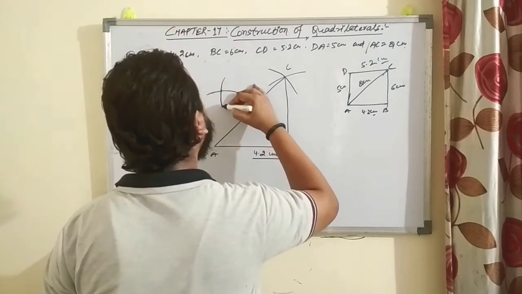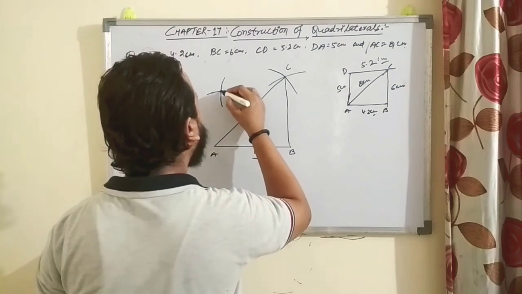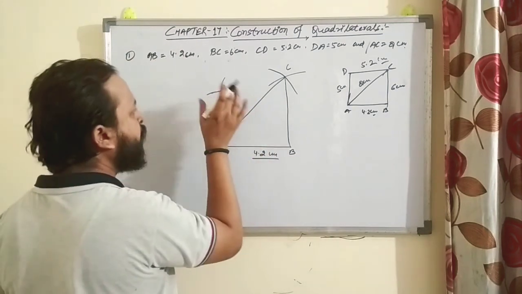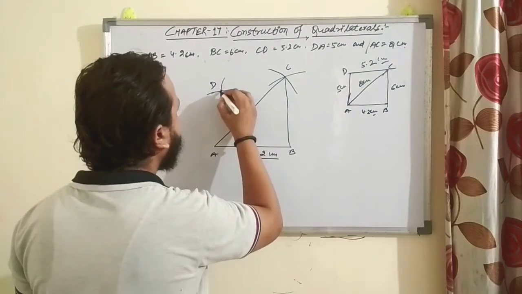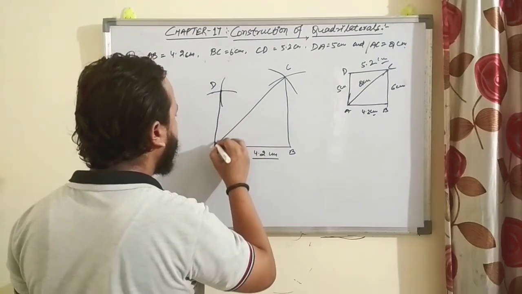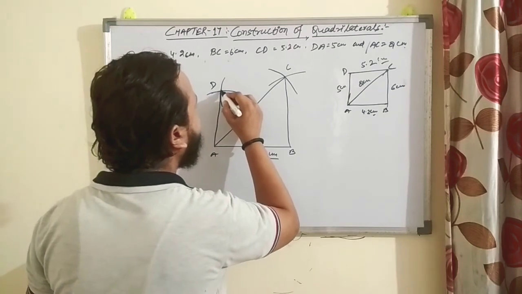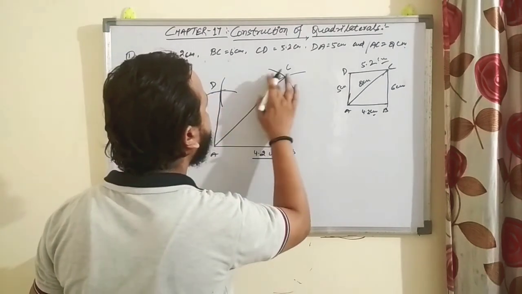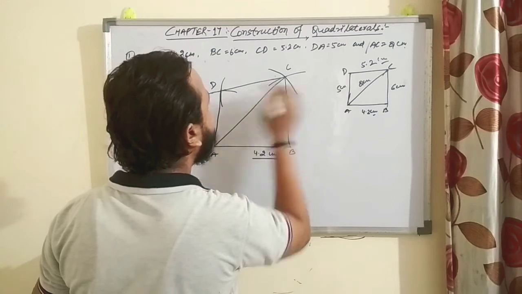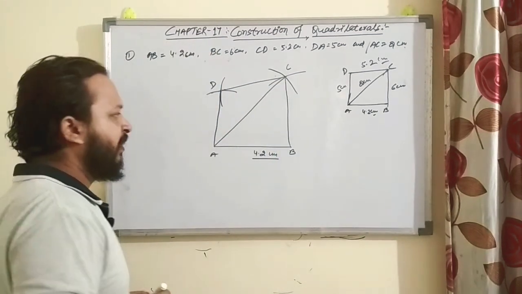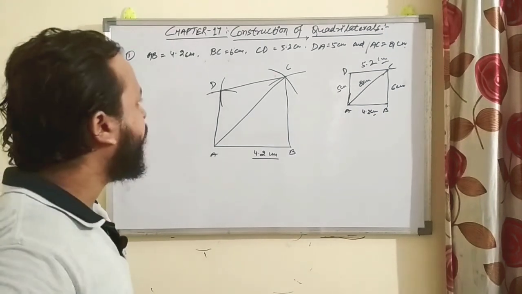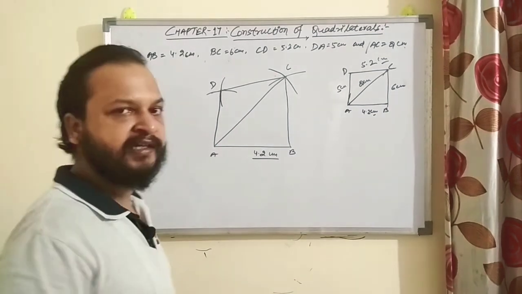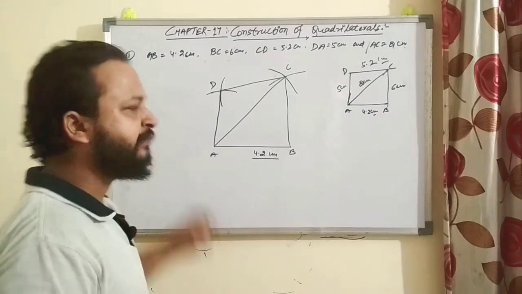The intersection of the two arcs is point D. Join D to A and join D to C. So this is the way you can construct the quadrilateral.